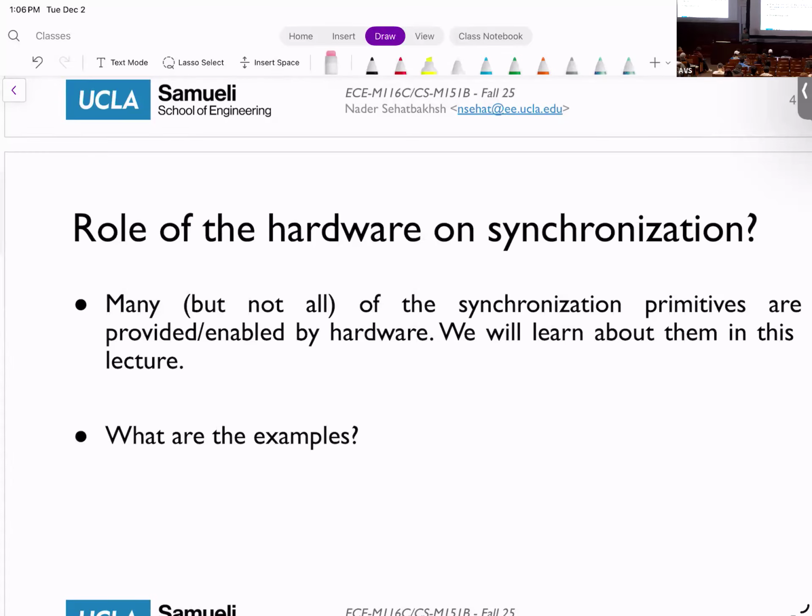You're going to see that there are actually hardware or architecture-based support to do that. So literally in the RISC-V ISA, there are instructions for fences, or there are instructions for atomic reads, or there are instructions for grabbing the locks or releasing the locks, okay? So that's one thing that we're going to cover in this lecture.